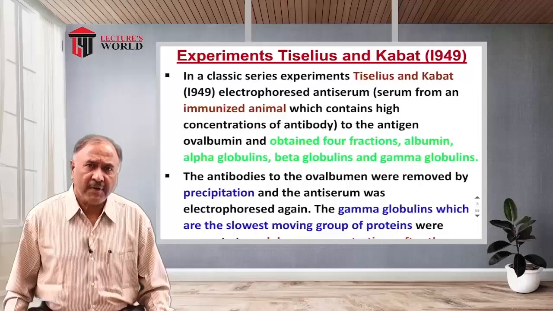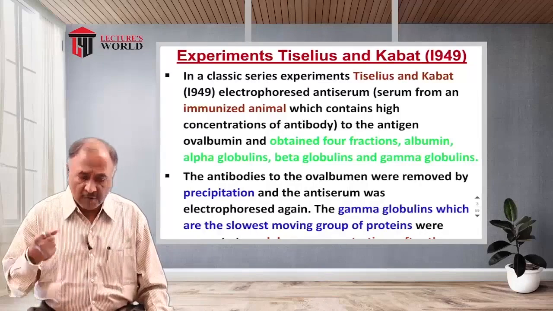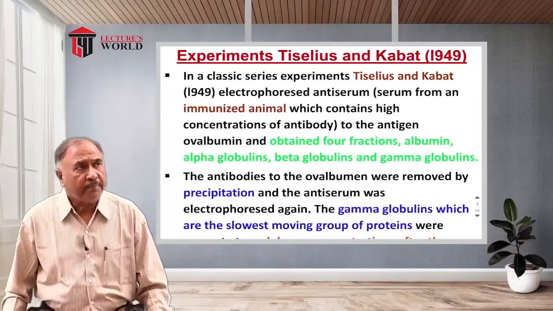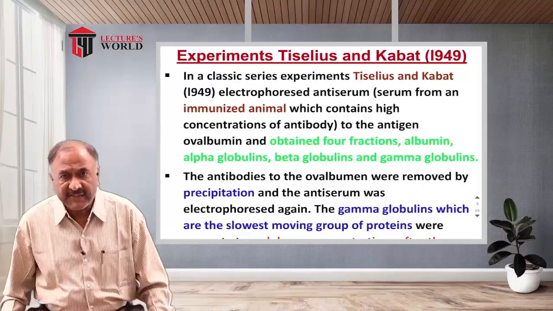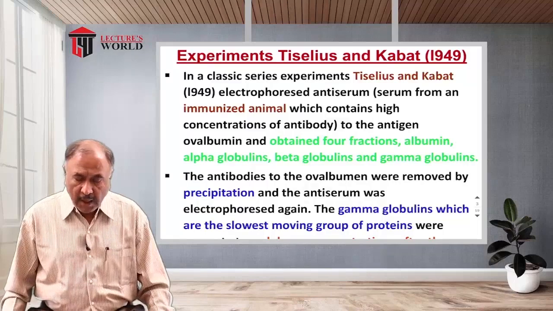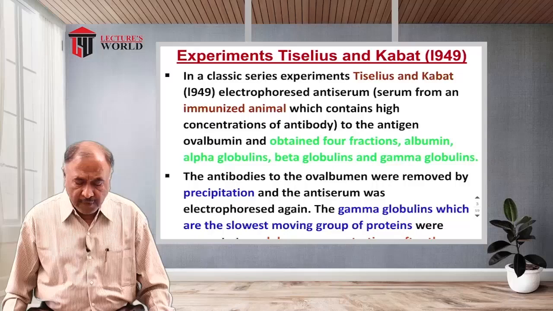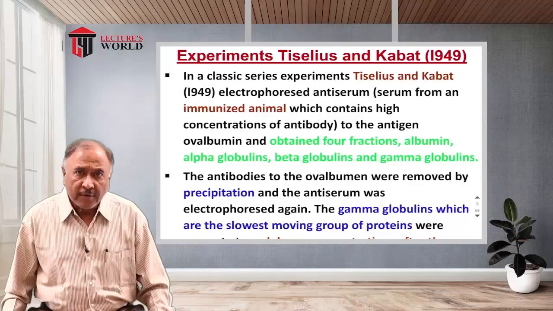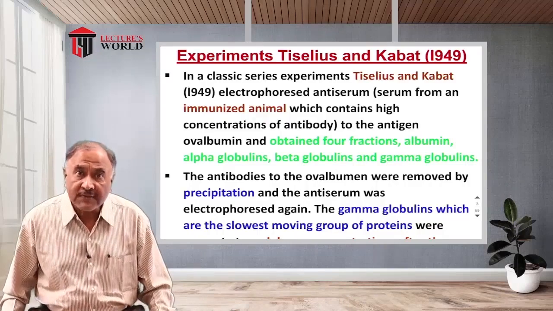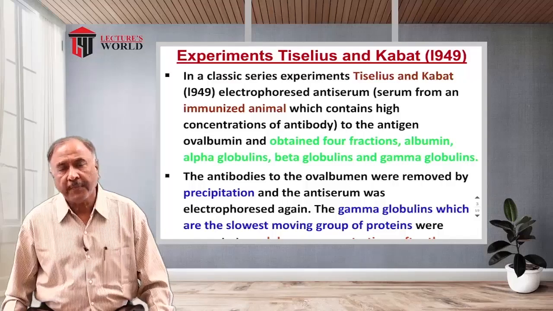Now, let us discuss in brief how these immunoglobulins were searched or discovered. This was done by the experiment performed by Tiselius and Kabat in 1949. This was one of the classical experiments in which the electrophoresis of a serum from an immunized animal was performed.